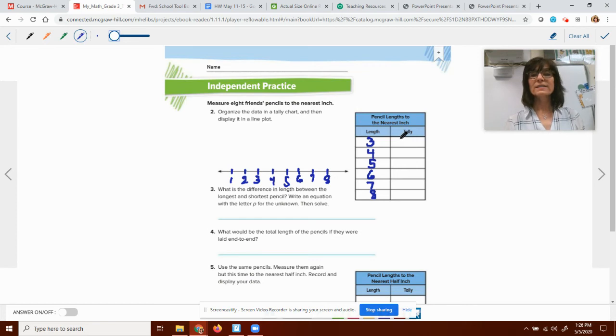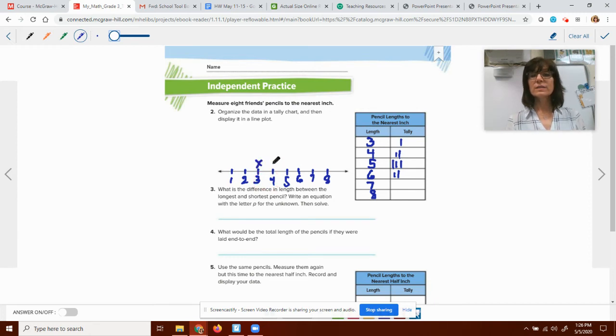If your pencils, let's say you had 1 that was 3 inches, 2 that were 4 inches. Oh, maybe you had 3 that were 5 inches, 2 that were 6 inches. 1, 2, 3, 4, 5, 6, 7, 8. Now I've measured 8 pencils. So I want to take this information and put it on this line. I won't have anything for 1 and 2, but I would have 1 x for 3.